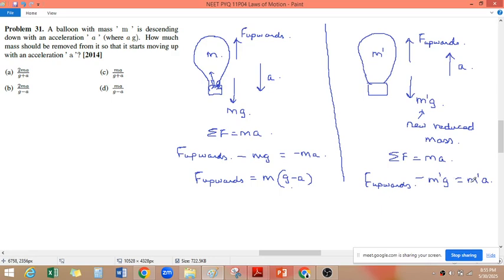So m dash is your reduced mass, after some sandbags have been pushed out. So how much mass should be removed? So that means they're asking you m minus m dash. So how do I find that? I need to find m dash. I can equate F upwards, right?